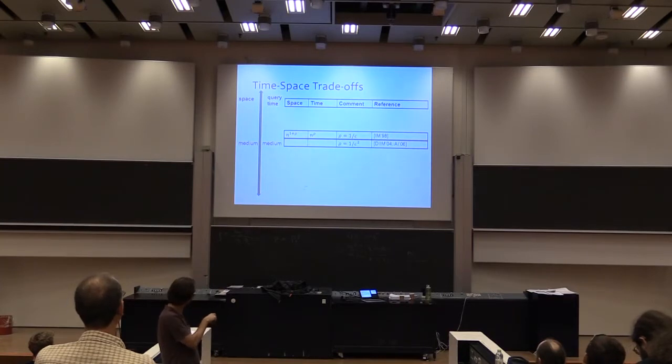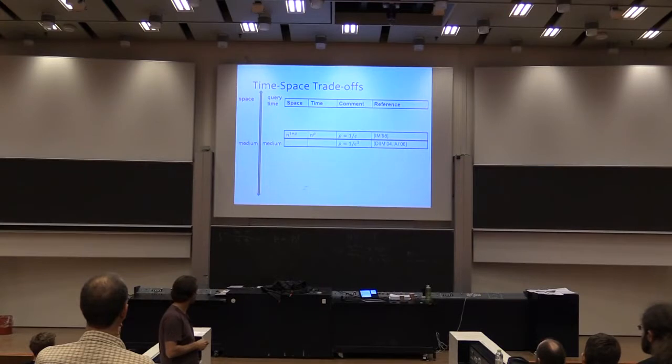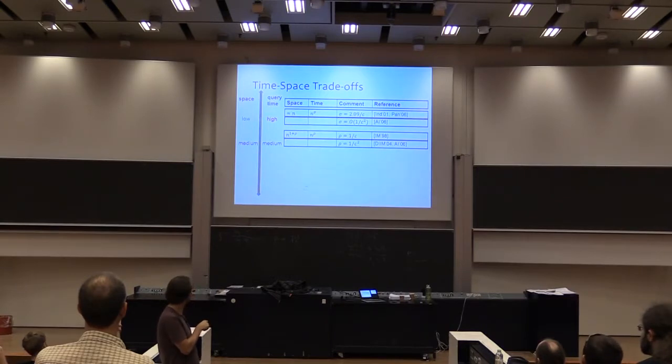All these numbers are for Euclidean space here. But you can trade off query time and space. In particular, you can reduce space at the cost of increasing the query time. You can push space to be very close to n at the cost of having time which is n to the power sigma. Now this sigma is also something like 1/c or 1/c squared, but with a higher constant.